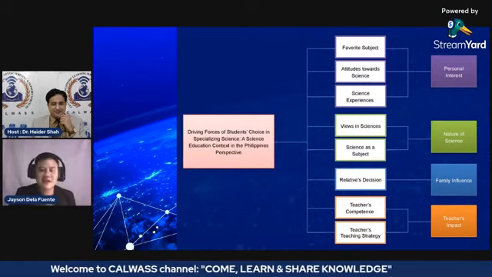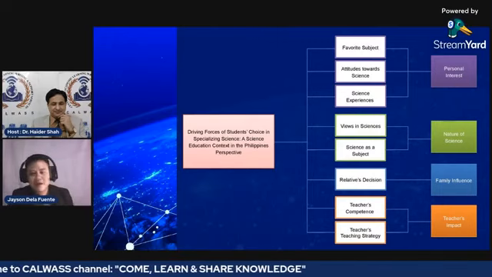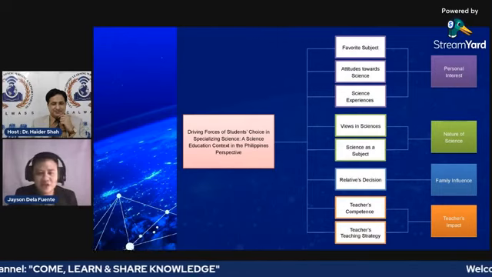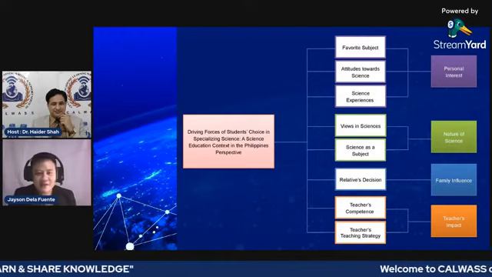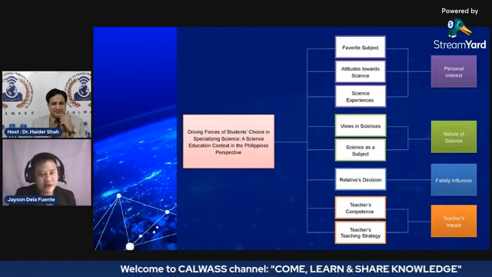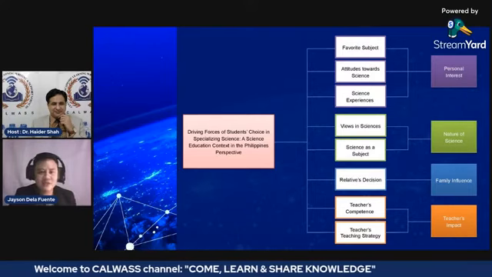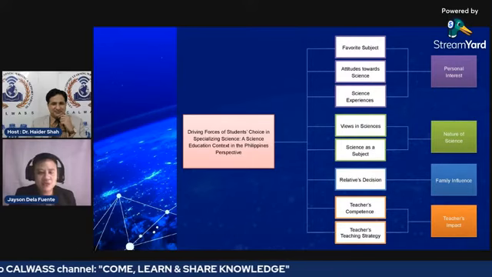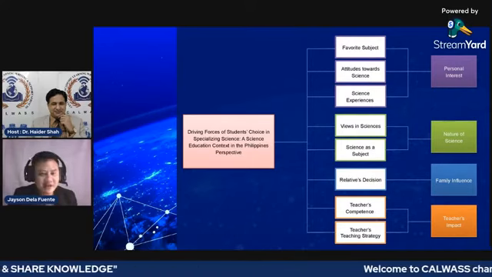So in this illustration, you can see that the first box is actually the things that I explored in terms of the driving forces of students' choice, why they choose science as their area of specialization. And they shared in the interview.